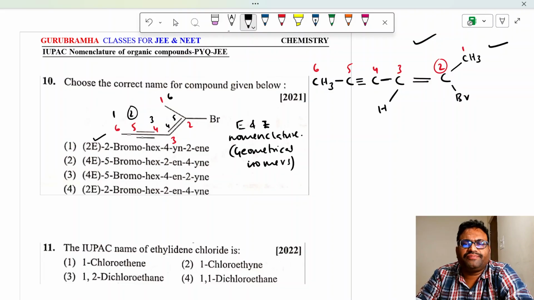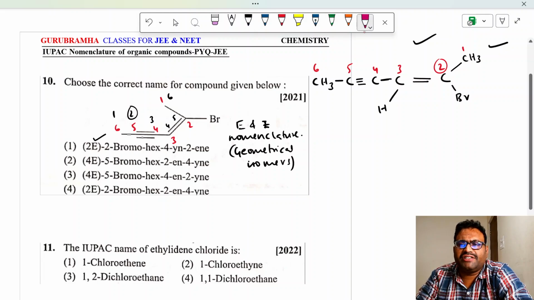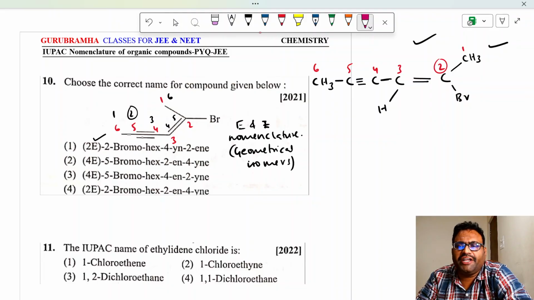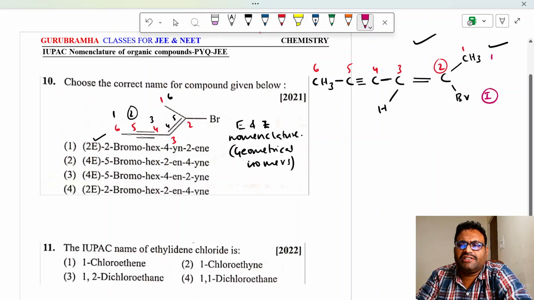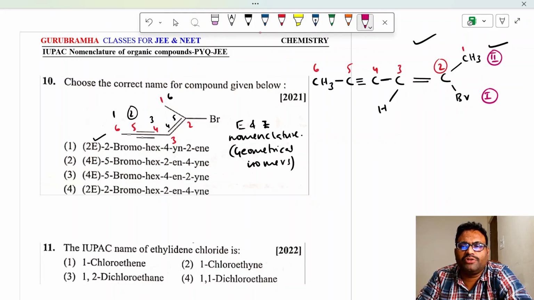Now you see, high priority groups are on the opposite side. See, CH3 and Br are given priority according to the CIP rules. Do you remember the CIP rules? Atomic number. Carbon atomic number is only 6.